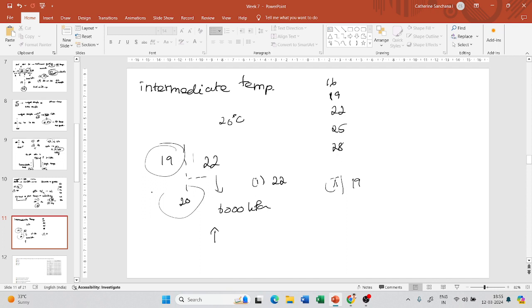So I have this liberty of going till 19 if I pick a PG grade of 19. So it is the other way around in the field. If I'm in a place whose intermediate temperature is 20 degrees Celsius, I'm going to pick the next lowest temperature after the pass-fail temperature as the PG grade required for that place. Okay, so this is how it is done.